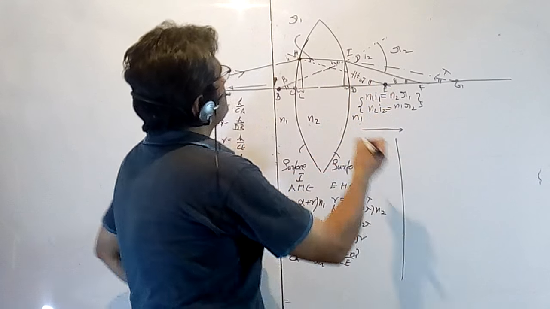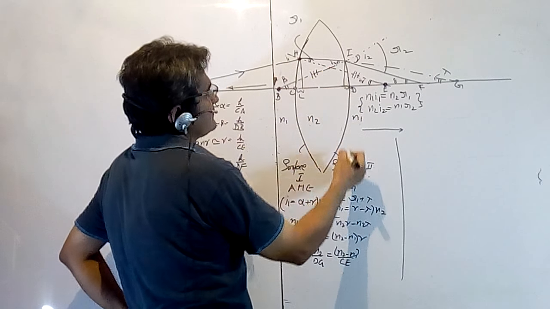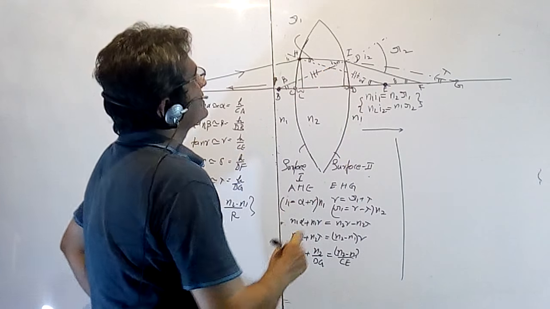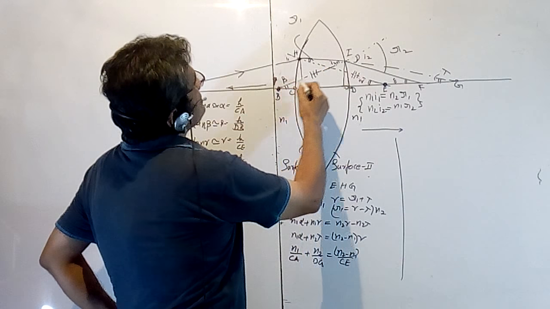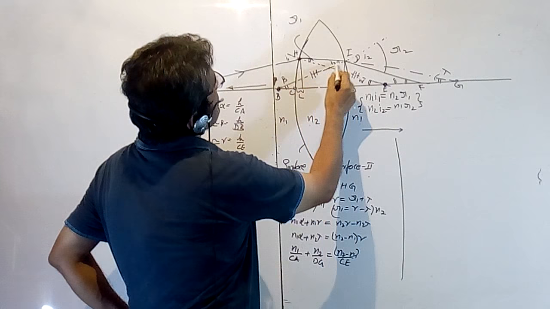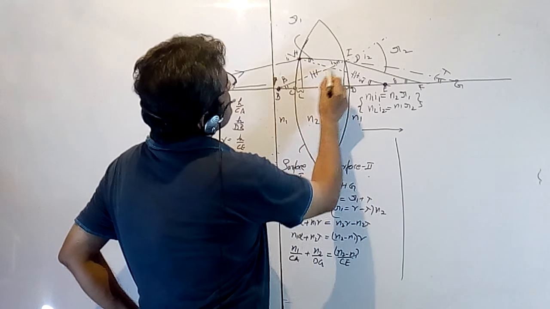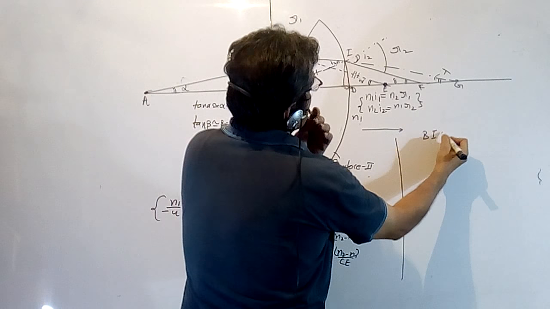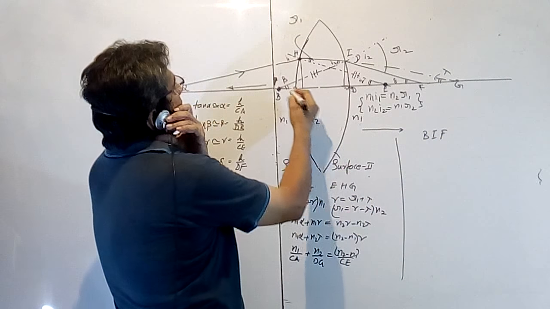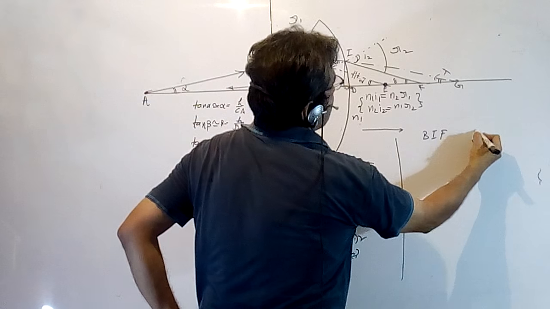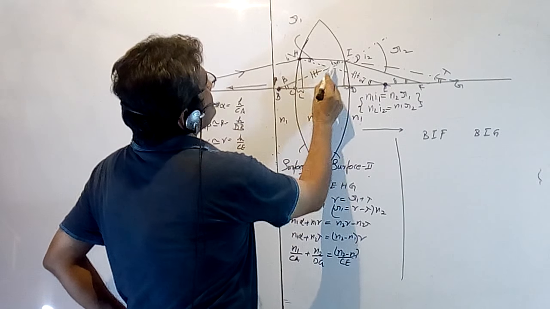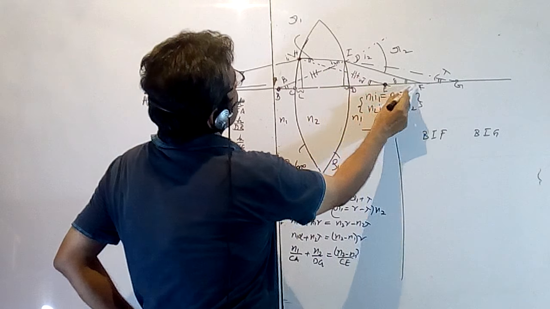See this line for surface 2, this is my radius, and find two triangles where this is present. One will be B, I and F, and the other is B, I and G. What is the exterior angle for B, I and F?